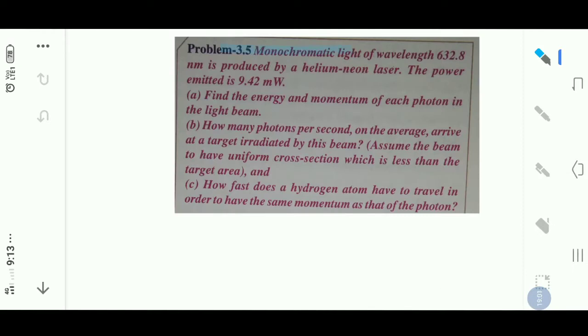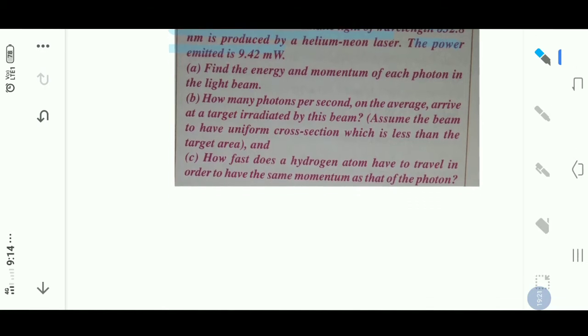Monochromatic light of wavelength 632.8 nanometers is produced by a helium neon laser. The power emitted is 9.42 milliwatts. Find the energy and momentum of each photon in the light beam.